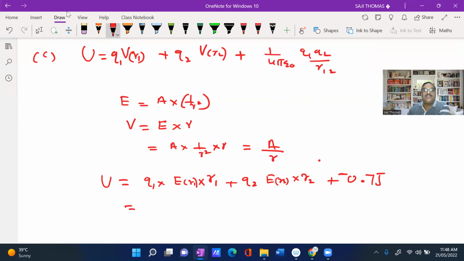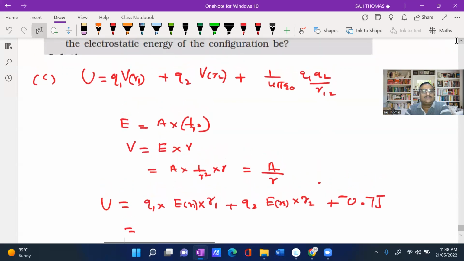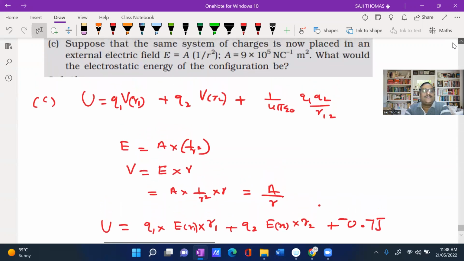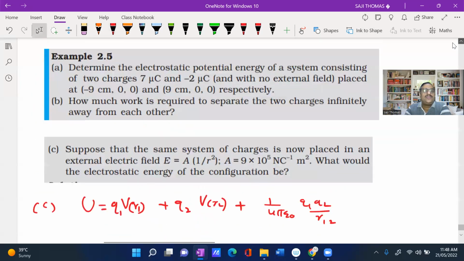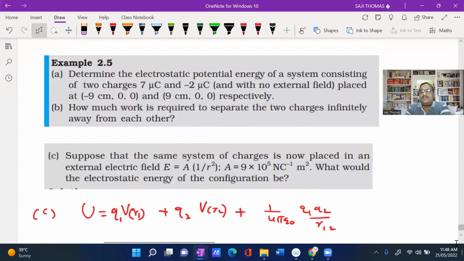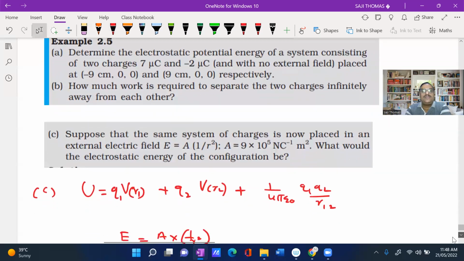Now Q1, what is its value of charge? Q1 was 7 microcoulomb. Q2 is minus 2 microcoulomb.